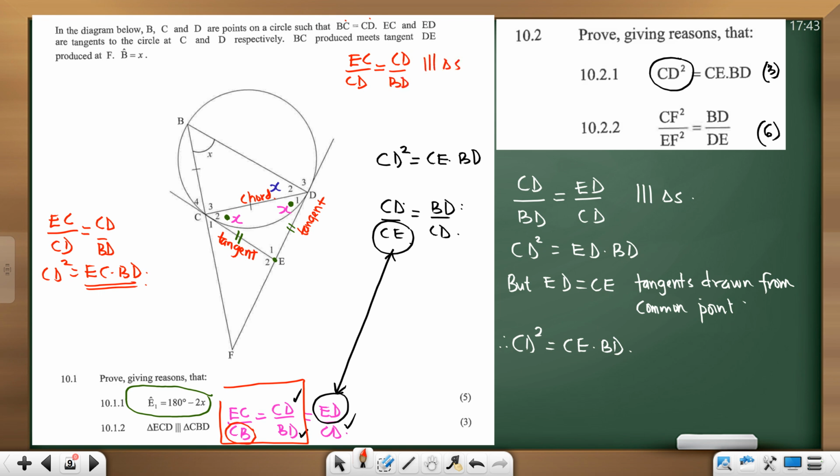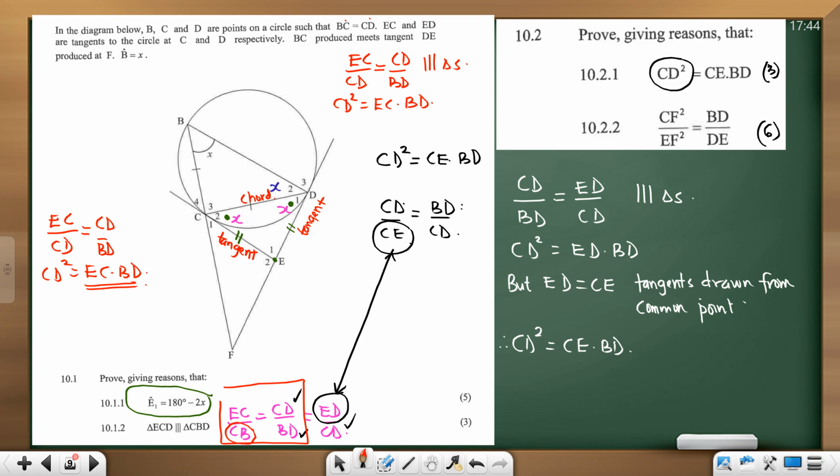Similar what? Triangles. CD squared equals to what? EC multiplied by BD. Oh, that one is actually easier. We don't even need to equate anything. We don't need to equate anything, all from our ratios. Makes sense? Thank you, Mohammed. That one is a lot easier than what I did.